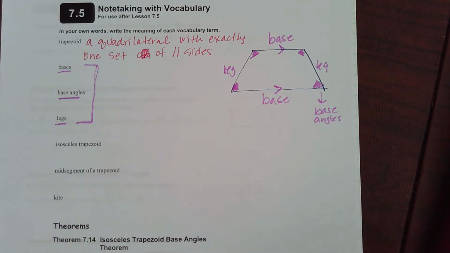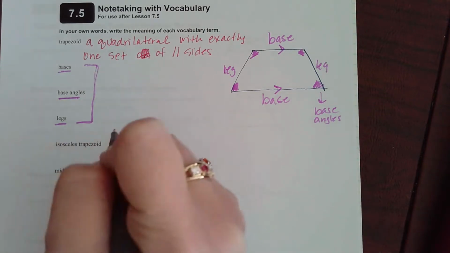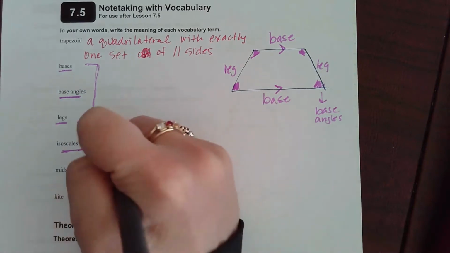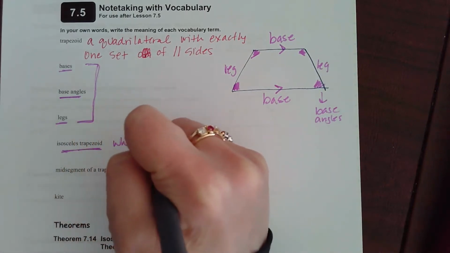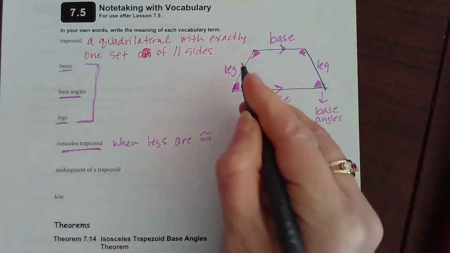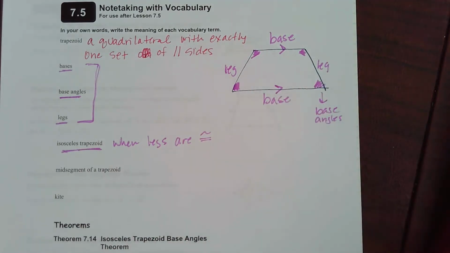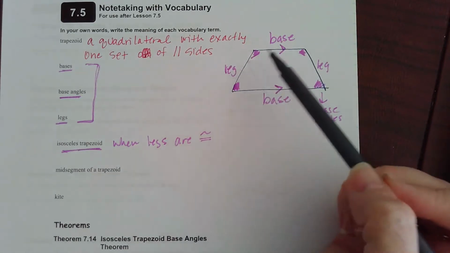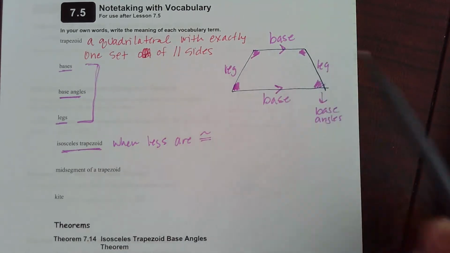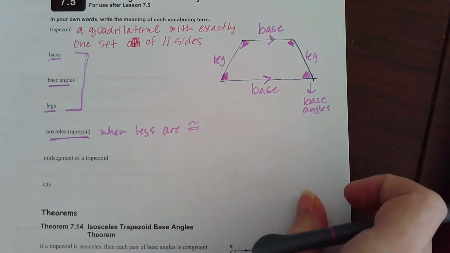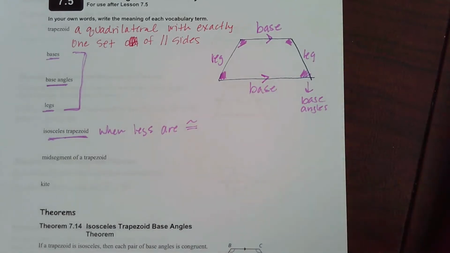And when that happens, then we have what we call an isosceles trapezoid. So when these two sides are congruent, then what that tells me is that this is what we call an isosceles trapezoid. It doesn't always have to be that those two legs are congruent, but in special cases, and a lot of times the more common looking trapezoids you'll see are the ones that are isosceles.